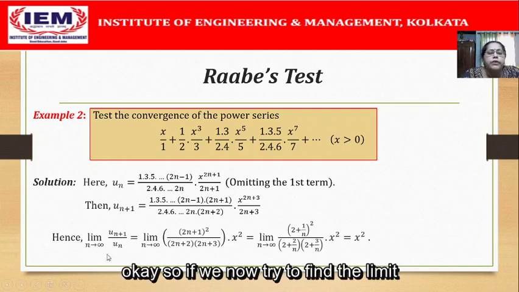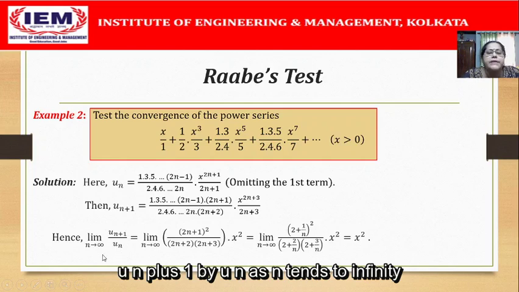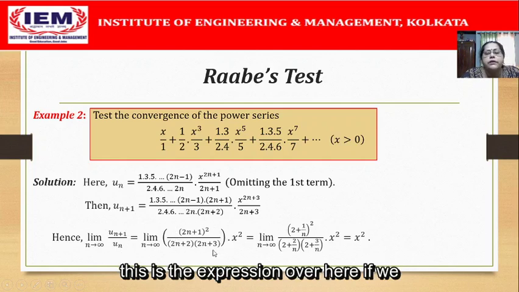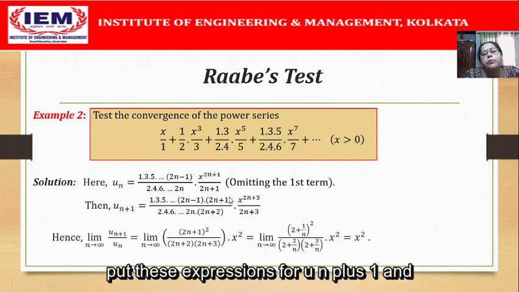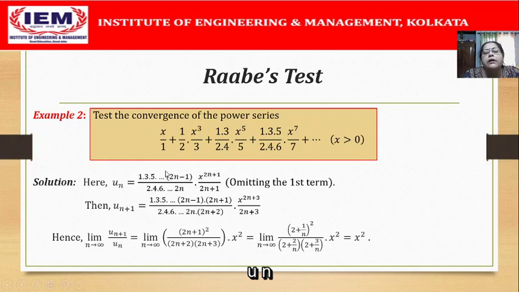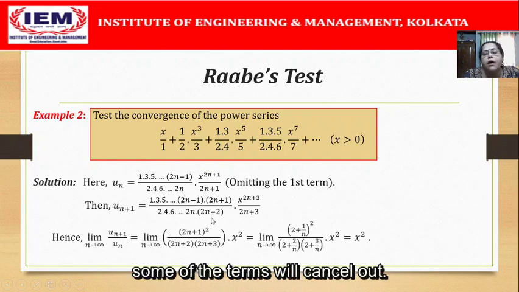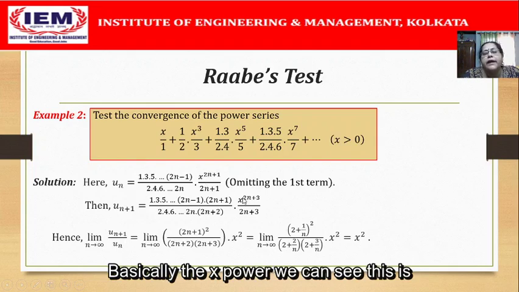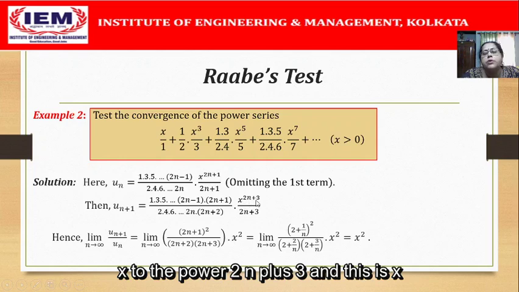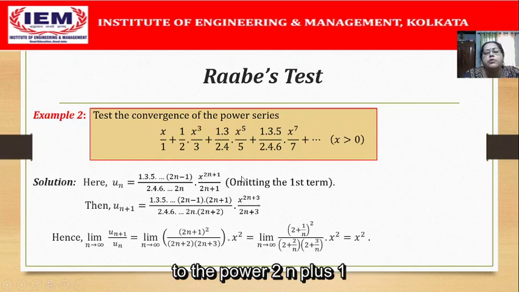Okay, so if we now try to find the limit un plus 1 by un as n tends to infinity, this is the expression over here. If we put these expressions for un plus 1 and un, some of the terms will cancel out. Basically the x power, we can see this is x to the power 2n plus 3 and this is x to the power 2n plus 1.